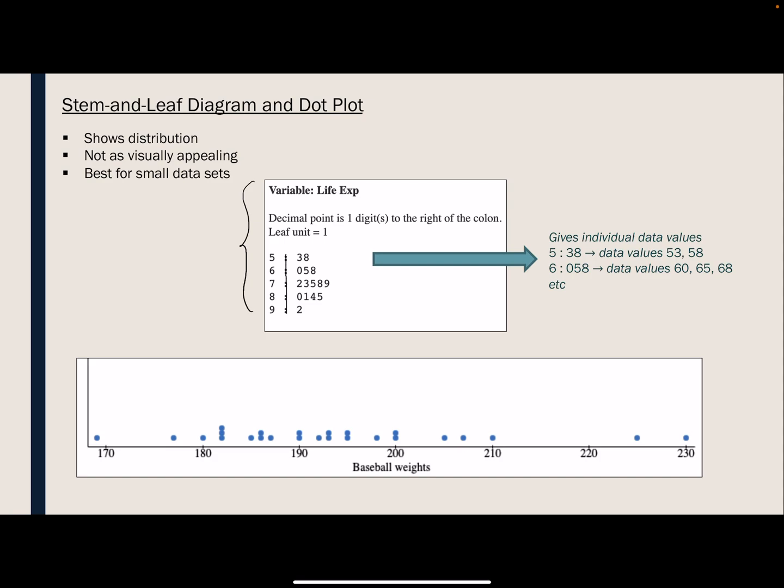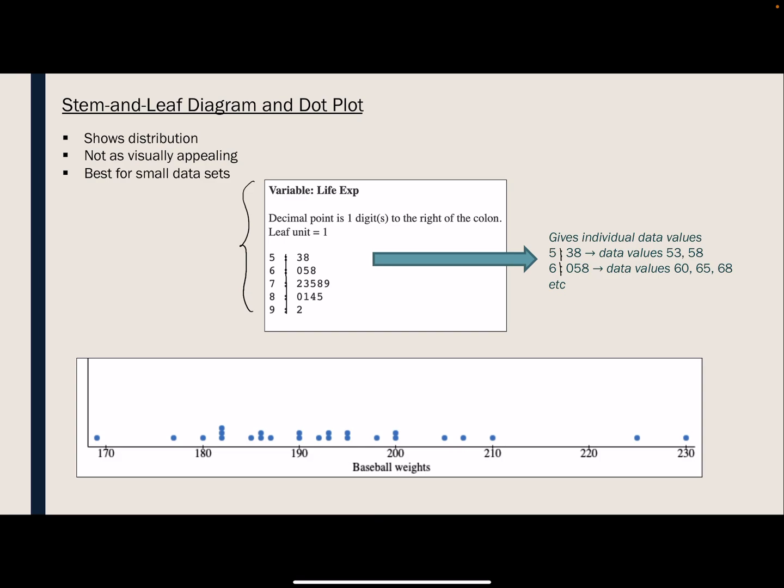So it might look like that. And so when you're reading this, when you see the 5 colon or the 5 line 38, it means that you have two data values, a data value of 53 and 58. So this one here would be read 60, 65, and 68.